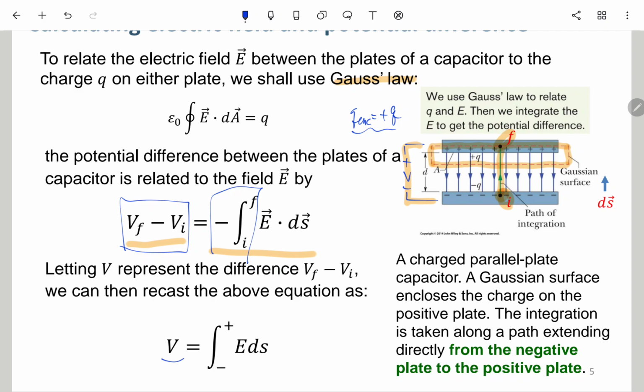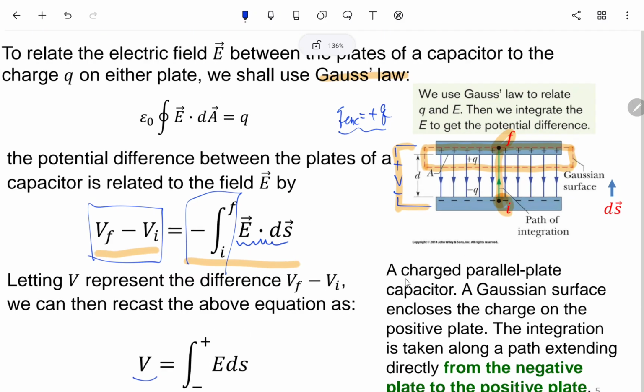With some simplification, we usually consider the path to be a line parallel to the E field, so E dot ds is nothing but E ds, and by combining the negative sign, it turns out to be that we integrate E ds from negative to positive.